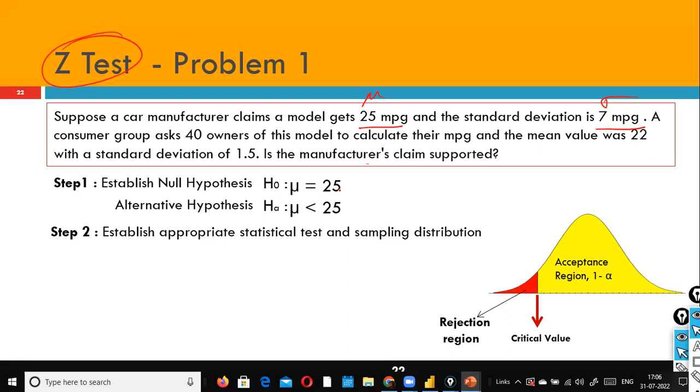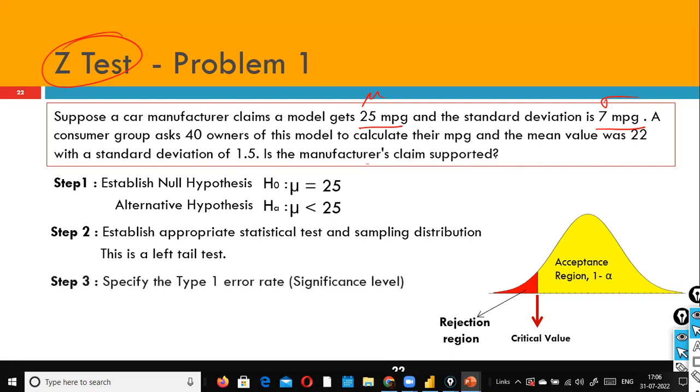The next step is to establish the approach strategy and sampling distribution. This is a left tail test because of the less than sign. And the statistical test is a z-test because we know the population standard deviation, it was given. The next step is the type 1 error rate, the significance level. Here you need to specify the alpha value.